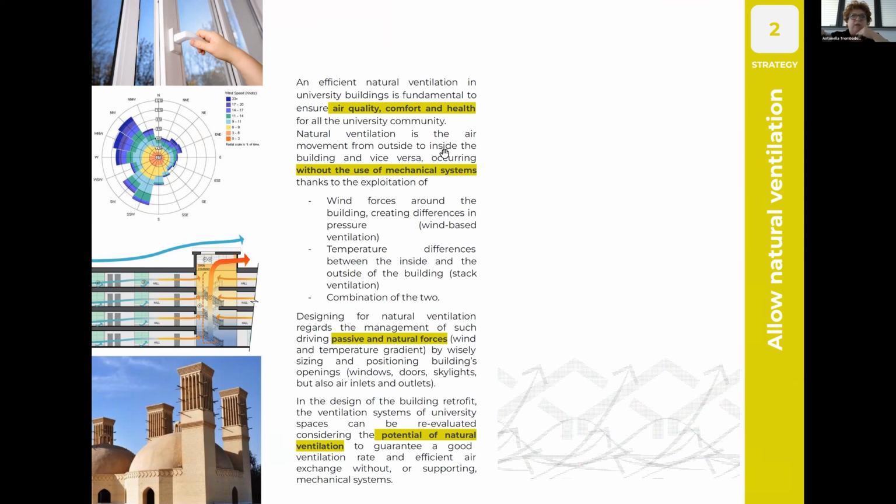So which kind of natural ventilation, where is possible to reduce the mechanical system, introducing some passive solution, cross ventilation, vertical ventilation, some solution that we have in the past.